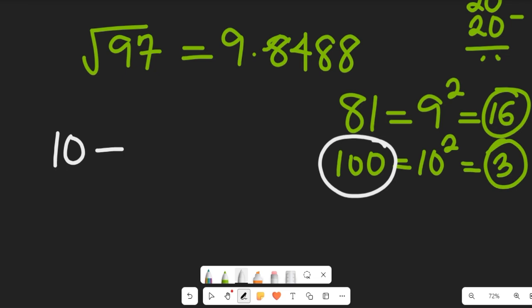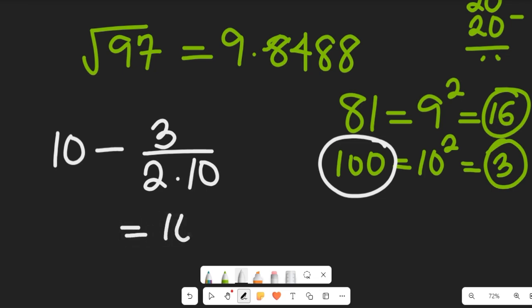Take note of that. If this becomes a negative, we'll have the value 3 divided by 2, which is always constant, multiplied by the 10, right? And this expression will now be 10 minus 3 divided by 20.